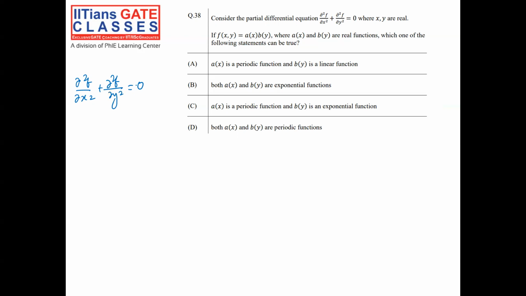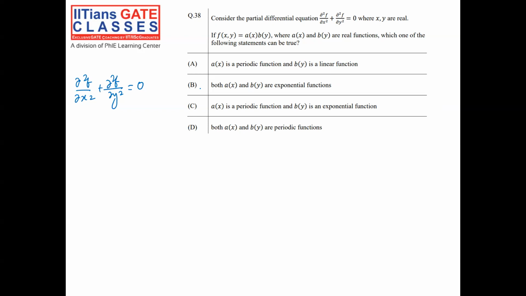And so out of the given options, we have to think what could be the value of a of x and b of x which will satisfy this. Okay, so let's try to solve it. Whenever we say any functions which satisfies the Laplace equation, we will say it as a harmonic function.